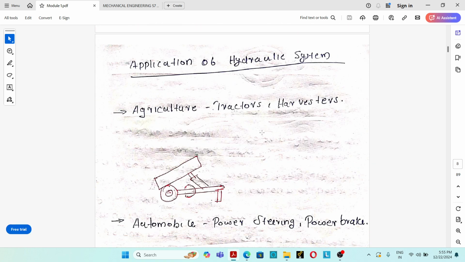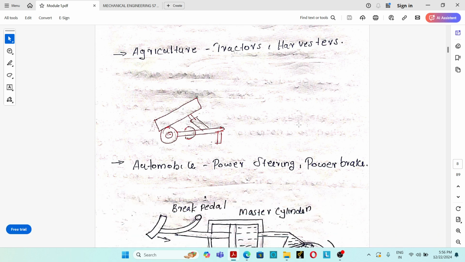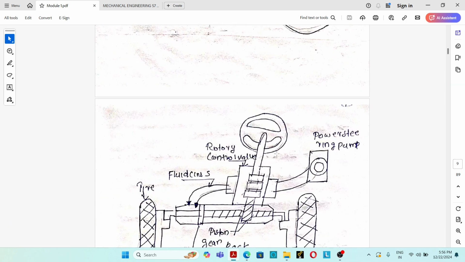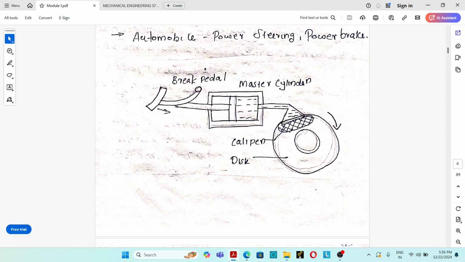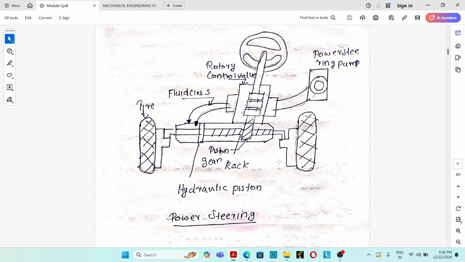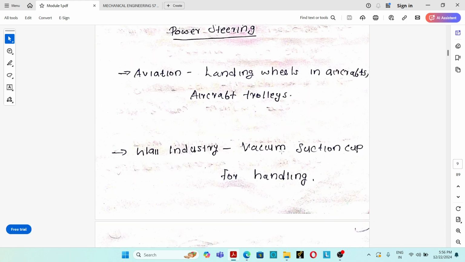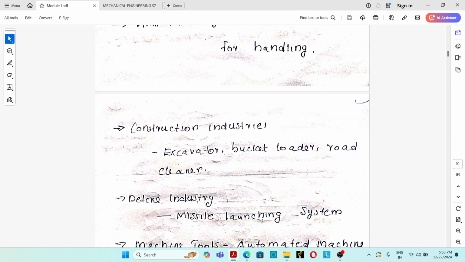So what are the applications of a hydraulic system? Hydraulic systems are commonly used in agriculture, tractors, harvesters, and automobiles: power steering and power brakes. In power steering we use a hydraulic system, and in power brakes we use a hydraulic system. Aviation: landing wheels in aircraft, aircraft trolleys. Glass industry: vacuum suction cups for handling.